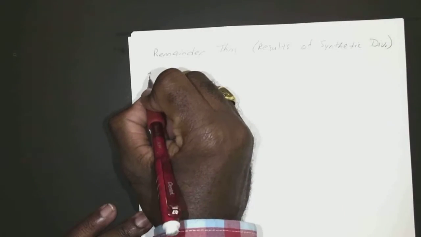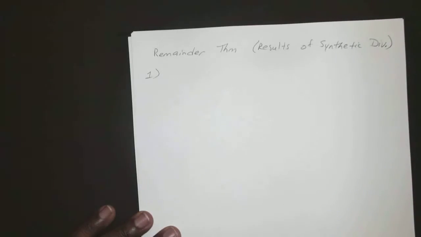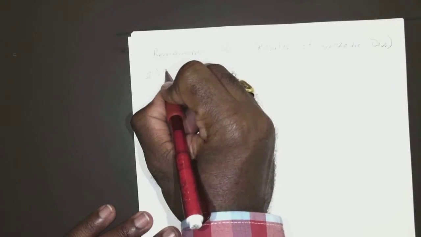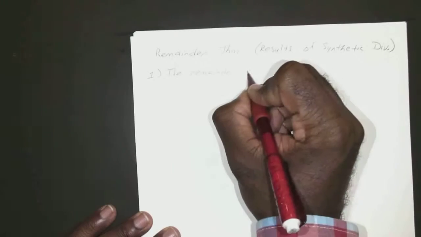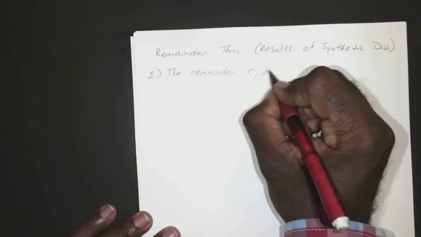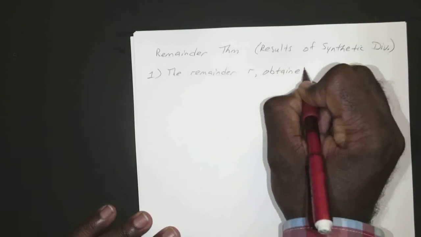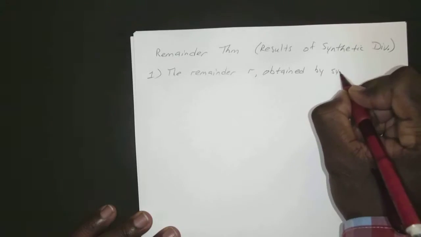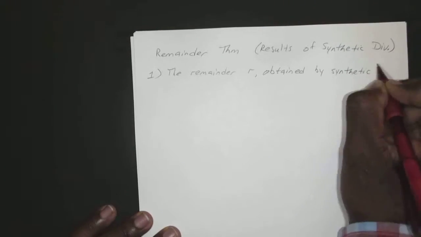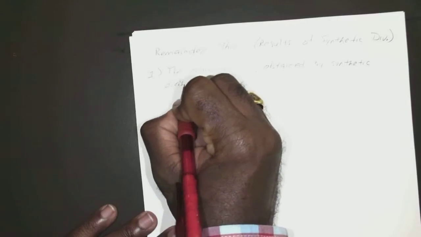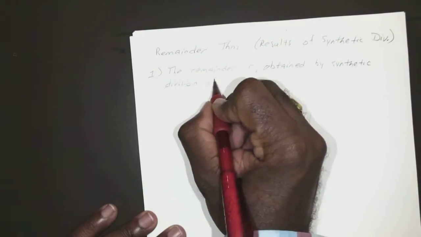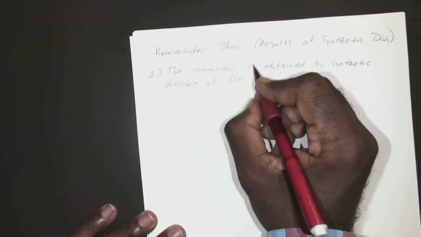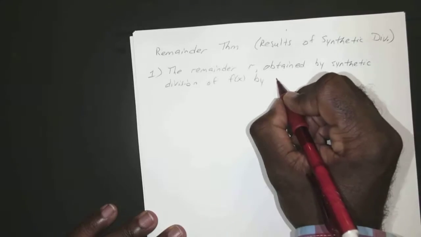The first one is the one we just proved, that the remainder r obtained by synthetic division of f of x by k shows the remainder r gives the value of f at x equals k, which is how we got our r equals f of k.